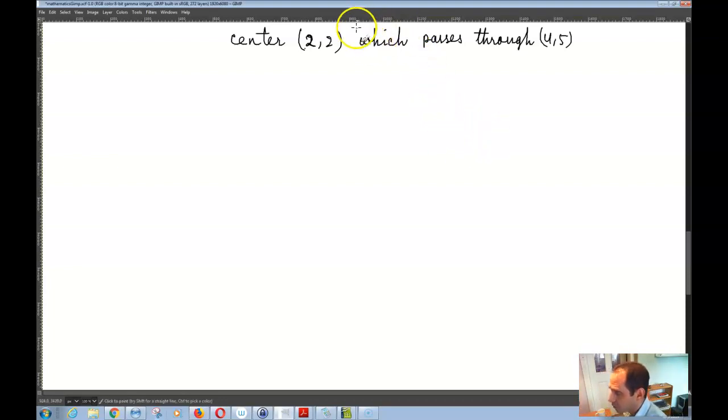It's not very difficult to solve this problem.